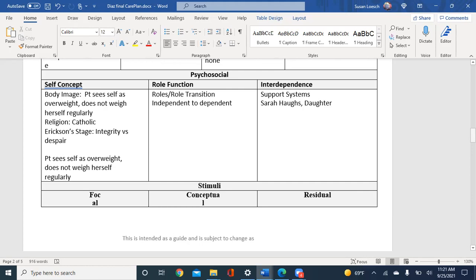So that means safety-wise, she can't really be on her own because she's not able to transfer. If you're not able to transfer safely, that's one of the things that we would expect you to be able to do in order to safely be alone. So now she's transitioning from that independent role to that dependent role. That's her role function, right? How's that going to affect her mind?